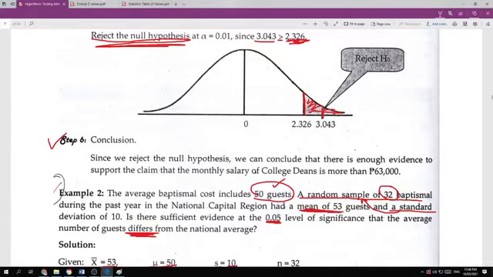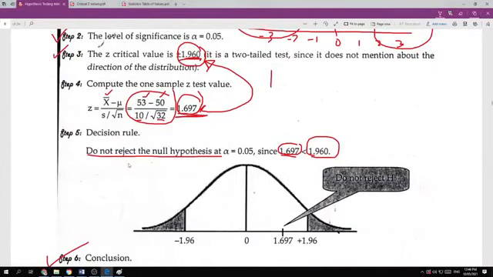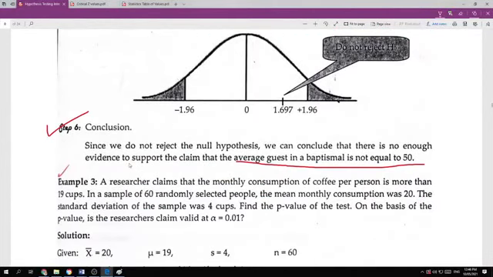Now, if we will not be rejecting, meaning we fail to reject H0, we will conclude that there is not enough evidence to support the claim that the average guess in a baptismal is not equal to 50. Is example 1 and 2 clear?